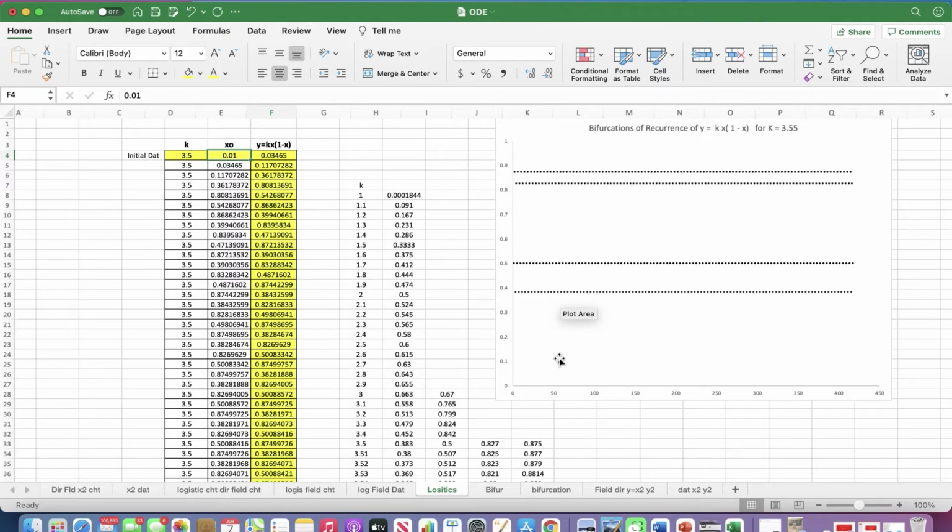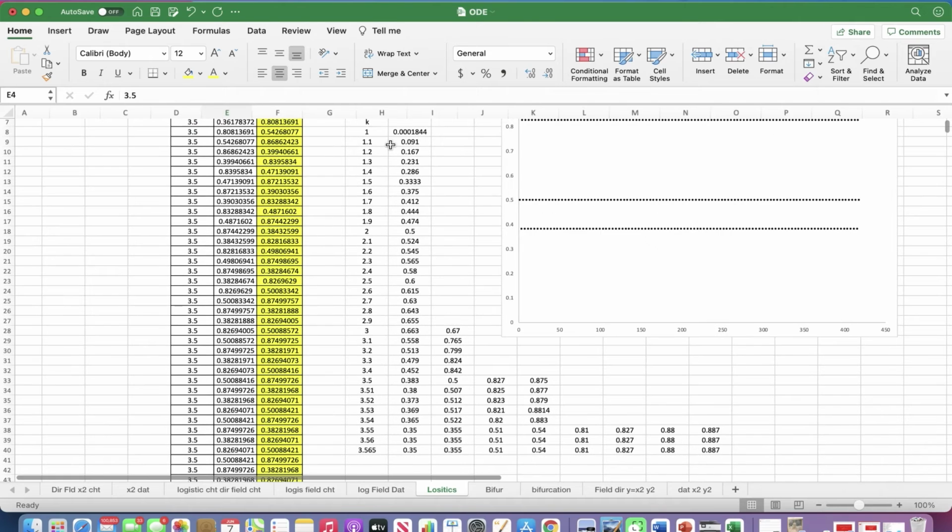So the way the bifurcations work is geometric. They go by 2 to the n, and so every time we have a bifurcation, we have another doubling of the number of values of x that it stabilizes to. So here we have a bifurcation of 4 values at 3.5.